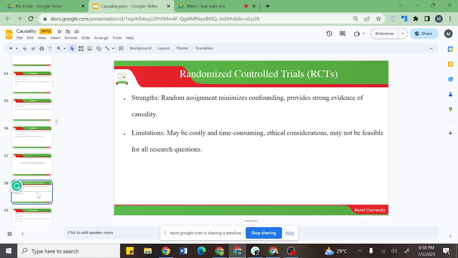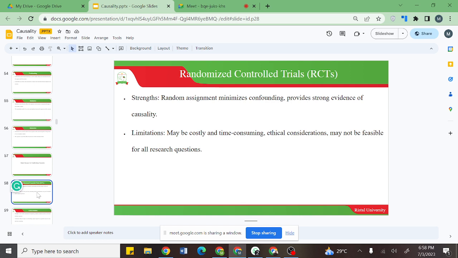Remember, we have two major types of designs. The classification can vary, but we can have descriptive research designs and then analytical research designs.